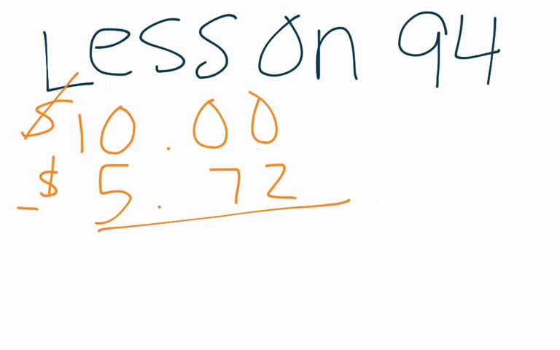In your head, you should already be thinking, oh my goodness, how can I change this? The good news is, you actually don't have to change this 10. 10 is already pretty good to work with, and I'm glad they gave us an example like that. You don't always have to change the numbers. If it's already a good number to work with, you don't have to change it, which is awesome.